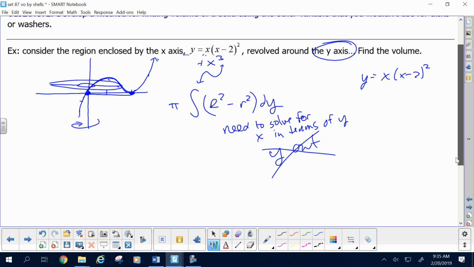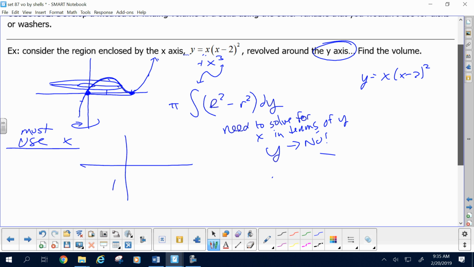Y is out. I didn't mean to cross that out, but Y is a no. If you're not going to use y, then we must use x. If we use x, then the slices, if they're x slices, need to go this way.